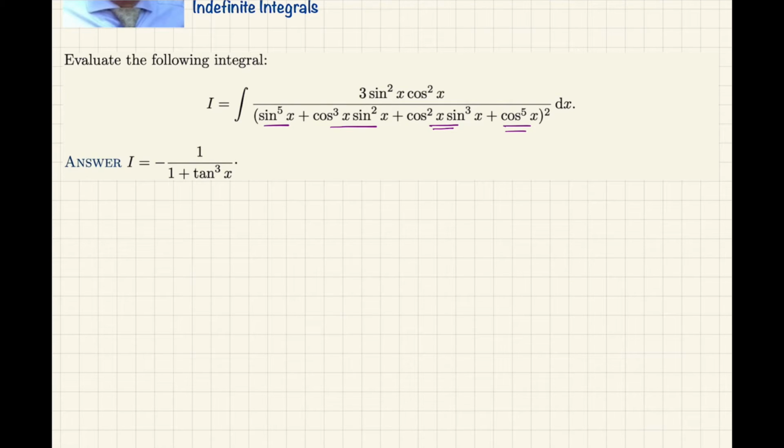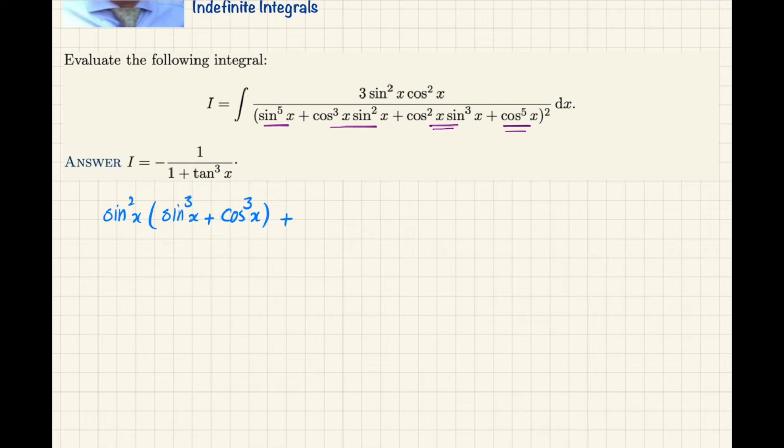So this expression inside these brackets, I will simplify that one first. I will take sine squared out from the first two terms as I mentioned. So sine cubed from the first term is left, cosine cubed from the second term.